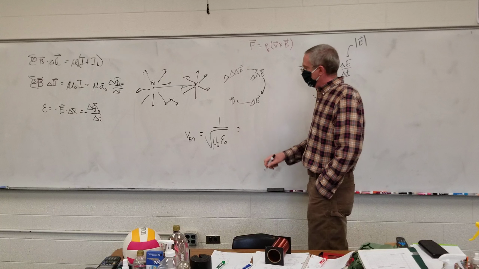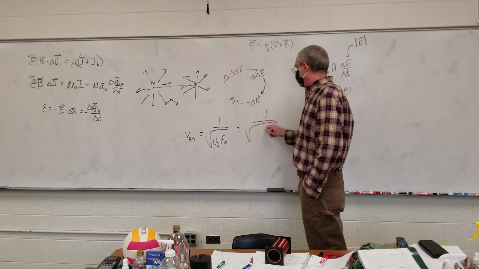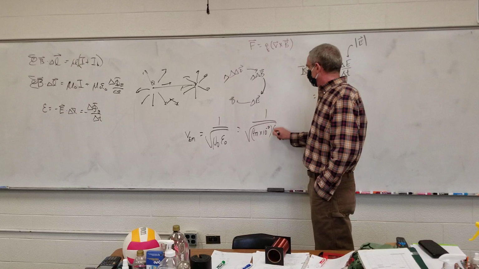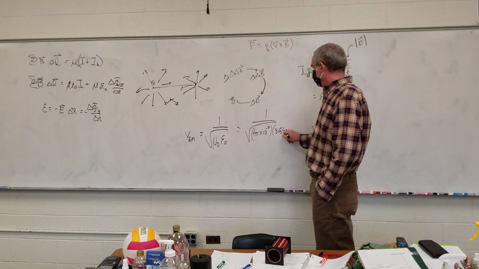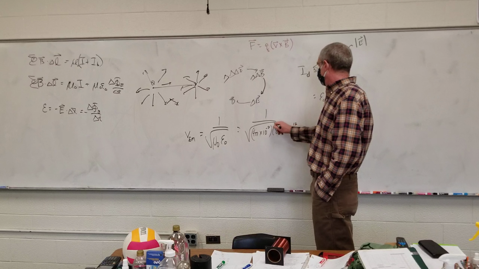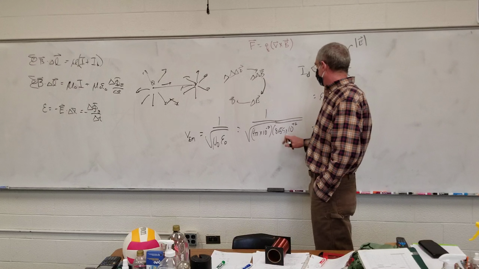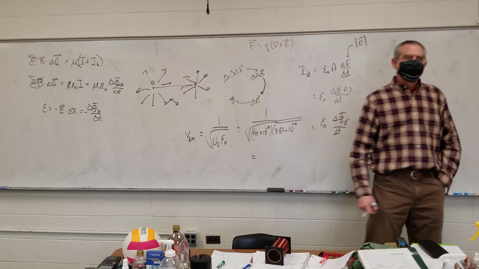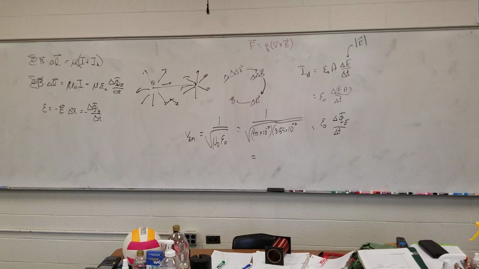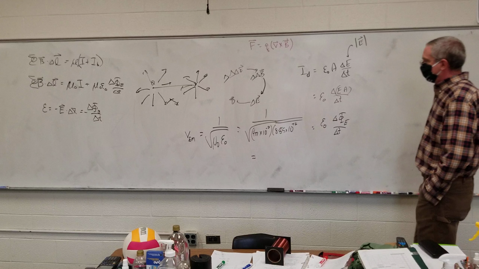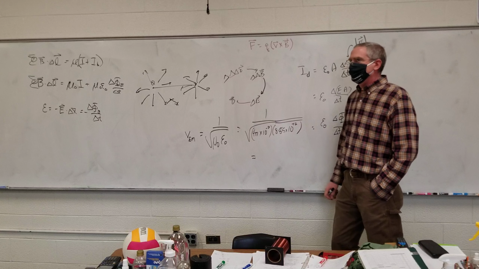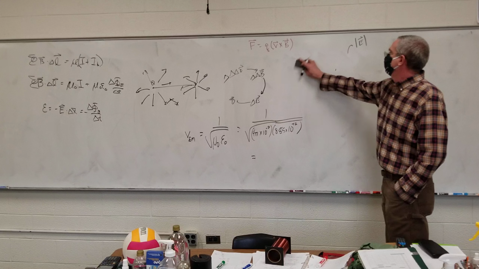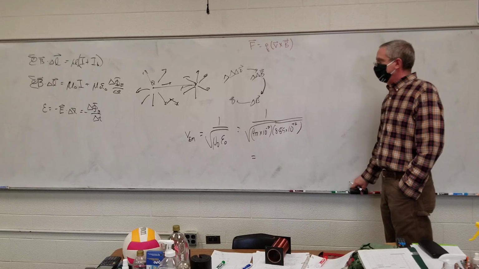You've got a calculator, pull it out. That's 1 over the square root of 4 pi times 10 to the negative 7th times 8.85 times 10 to the negative 12th. What was the first superscript?